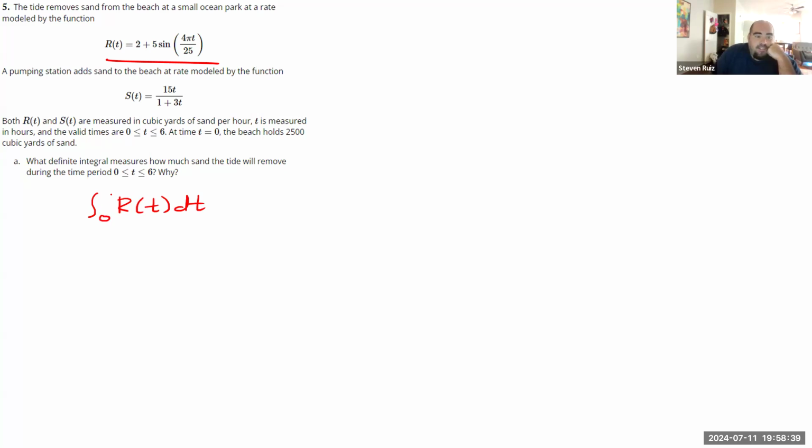In this case, I want to know how much sand is going to be removed over that time period from t equals 0 to t equals 6. So I'll represent this a couple of different ways. For one of these, I'm being really explicit about what R of t is.